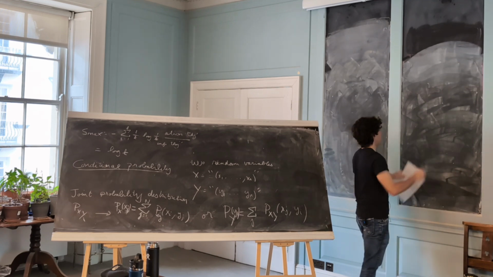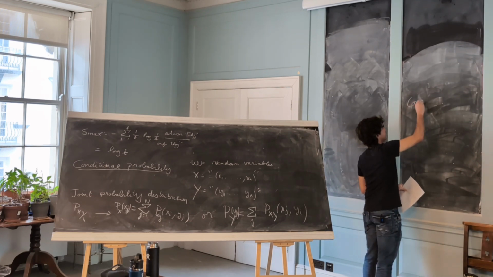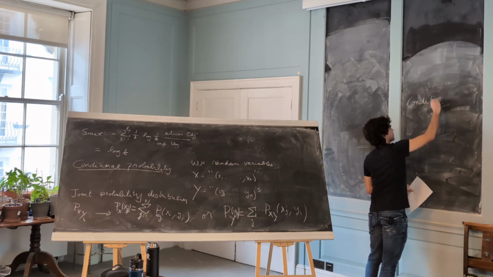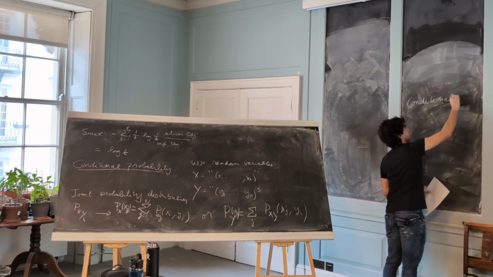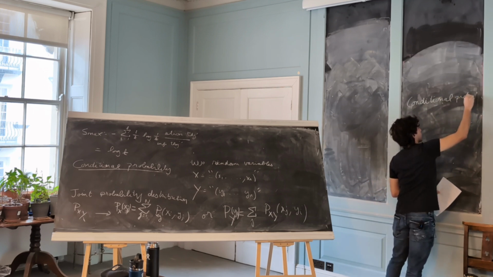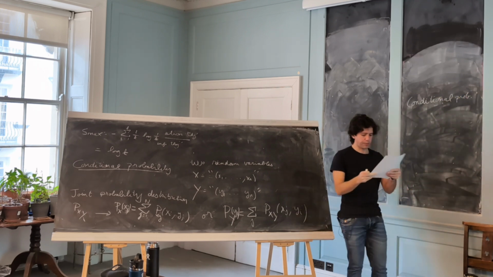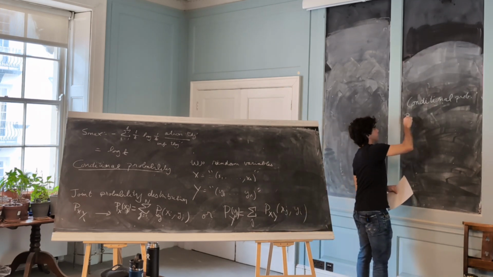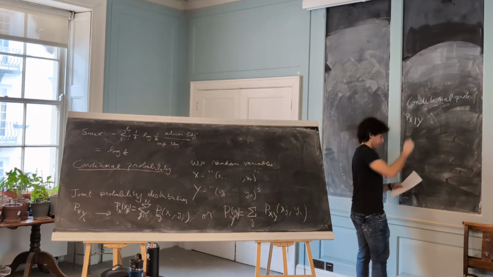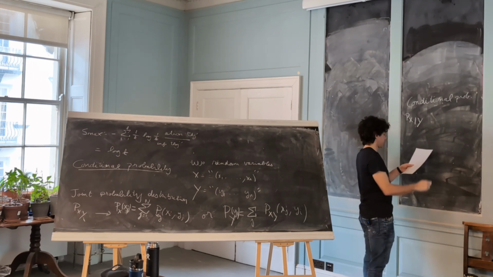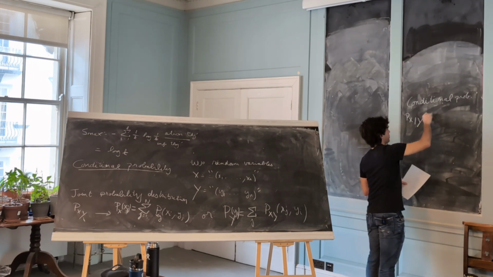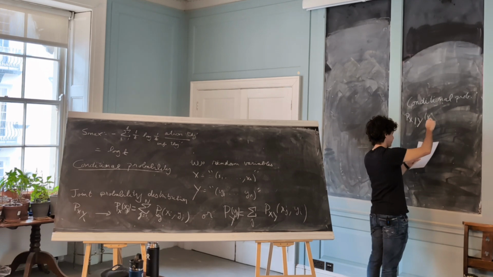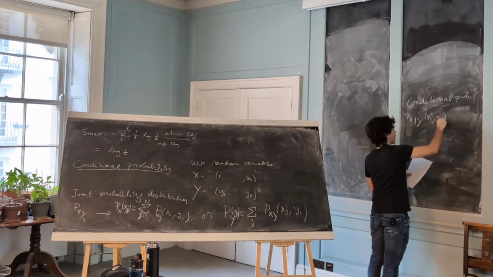Okay. We can define a conditional probability. So the conditional probability, we say P of X given Y, we write it like this.